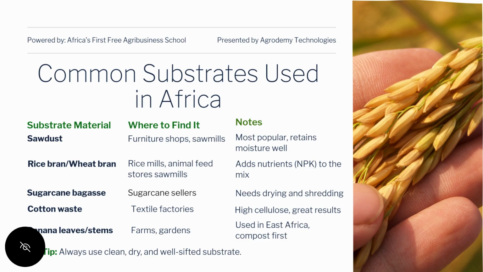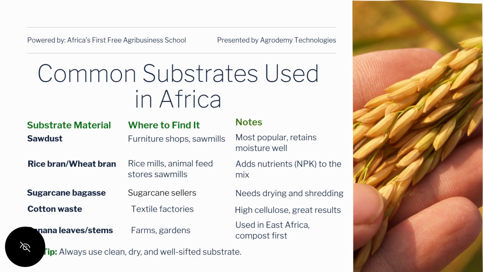Then we also use sugarcane bagasse. So what is sugarcane bagasse? That is the part of the sugarcane you chew when you finish sucking out the juice of the sugarcane. You find this with sugarcane sellers and people in sugarcane juice production, and this you actually need to dry and shred so that it is not exactly smooth but rough enough for you to mix.